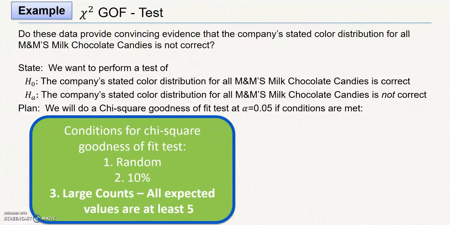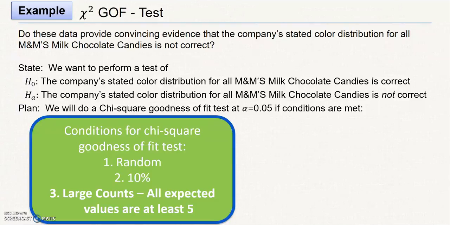Number 3, this is the one that changes. So our large counts changes just like it does when we do tests for proportions versus means. We have another large counts condition here that is special to the chi-square test. It's that all of the expected values are at least 5.